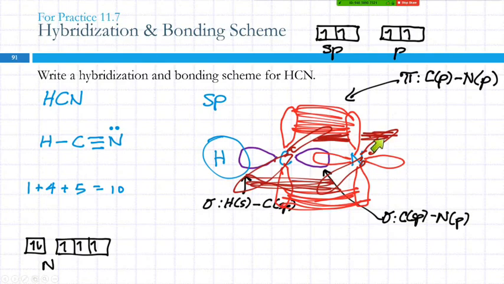The description for this bond is actually the same, because it's a pi bond between a p orbital on carbon and a p orbital on nitrogen. And that's the hybridization bonding scheme for HCN. Any questions?